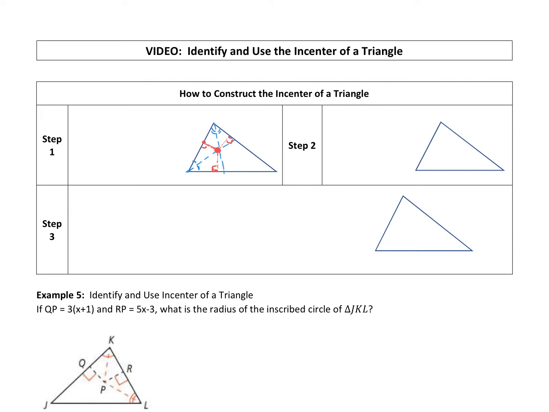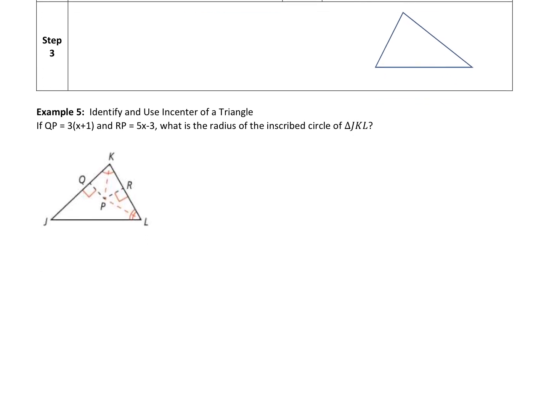If I had a compass, I could do this very accurately. But these are the points where the circle is going to touch the triangle. It's going to look something like that. All right, so let's move on to identifying and using the incenter of a circle.